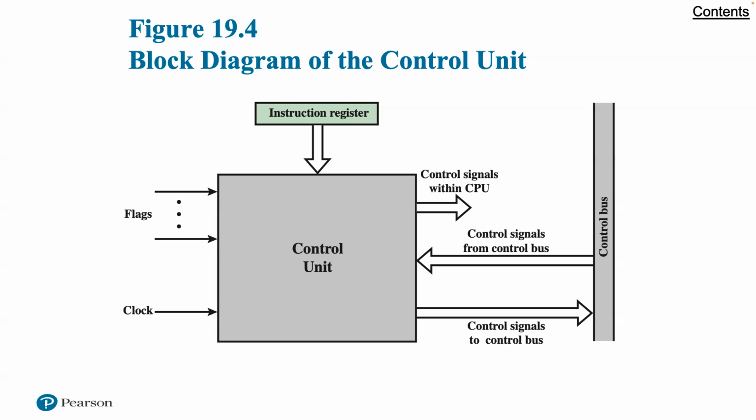The outputs are as follows. The control signals within the processor: these are of two types, those that cause data to be moved from one register to another and those that activate specific ALU functions. Control signals to control buses: these are of two types, the control signals to memory and control signals to the I/O modules.